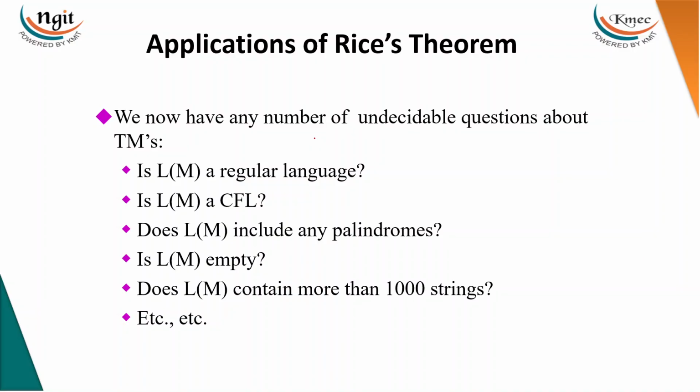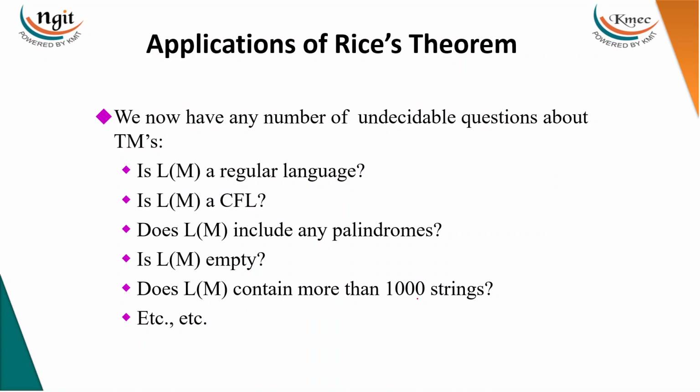As I told you, there are so many applications. If you want to prove whether a language is regular or not, take a non-trivial property, and if it is satisfied here, then we can prove that it is not decidable. Similarly, prove that context-free languages include any palindromes, whether it is empty or not, or whether a language accepts more than 1,000 strings.